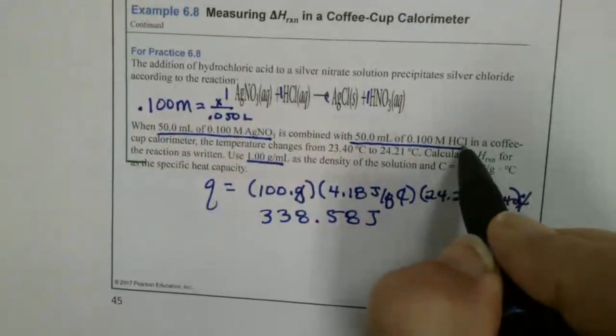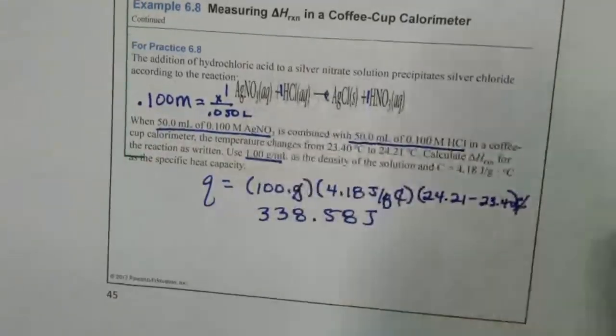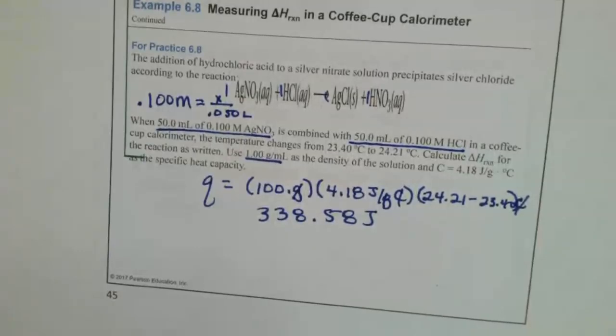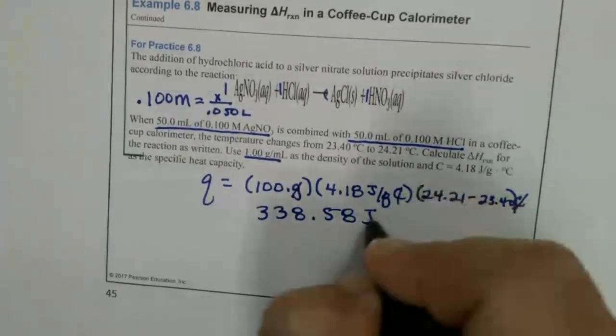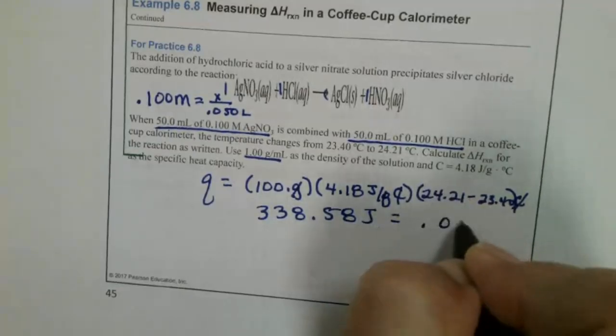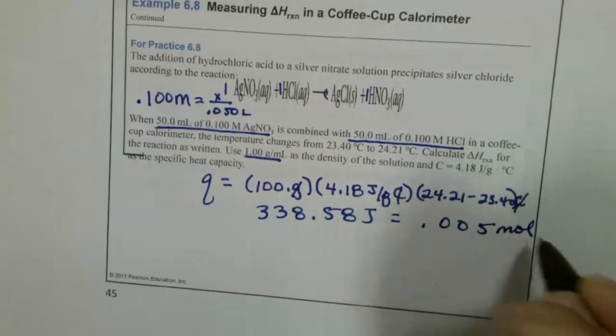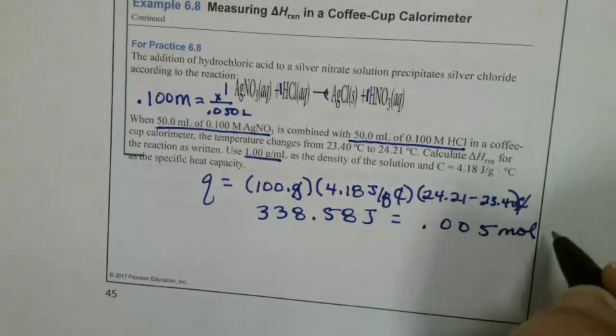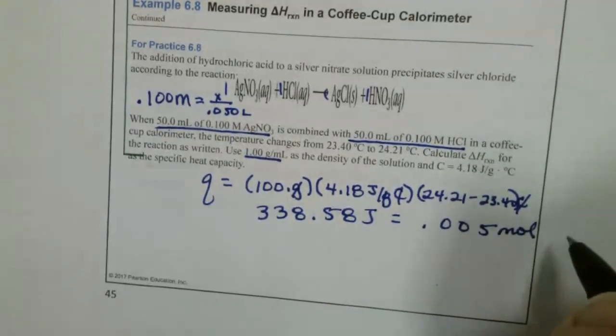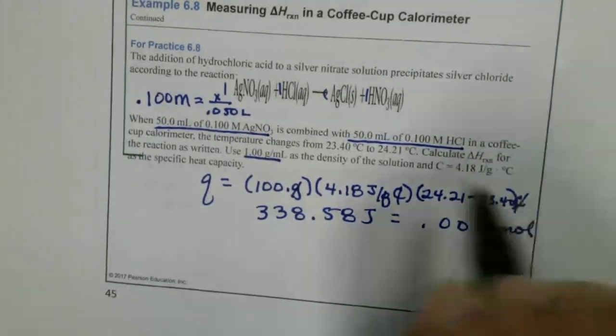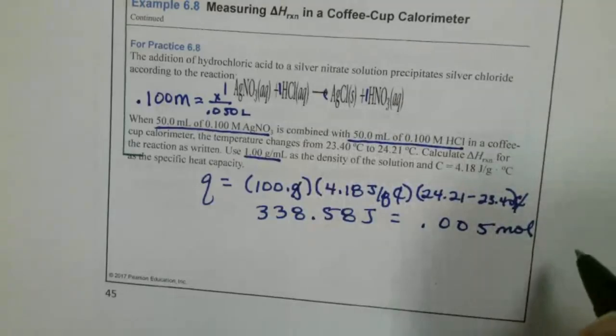Fortunately, it's the same over here, so we're reacting the same number of moles. If I check that, 0.1 times 0.05 is equal to 0.005 moles of product or reactant, either one, because everything's in a 1-to-1 ratio.